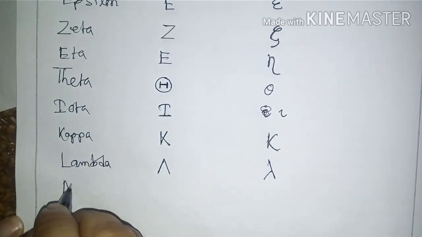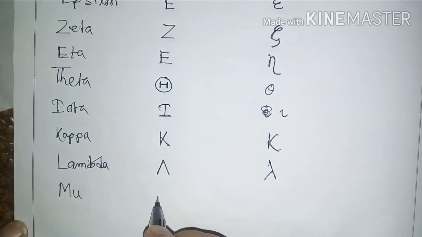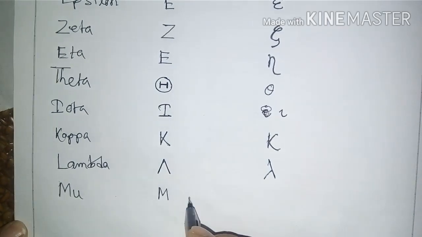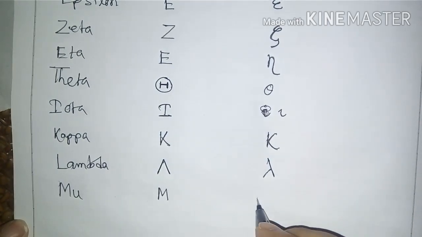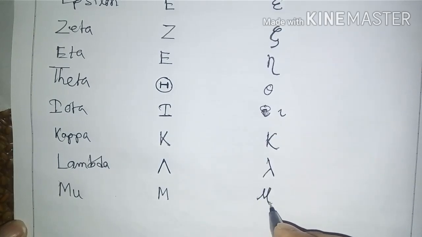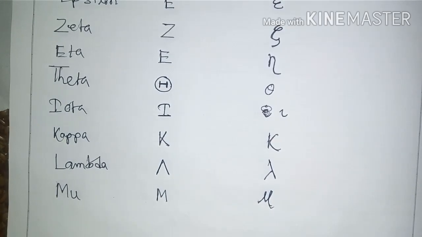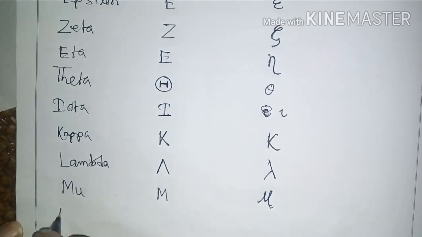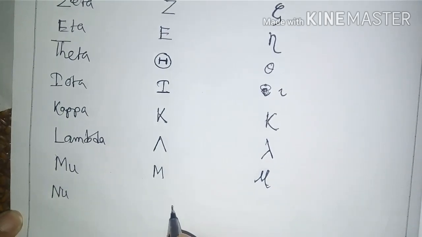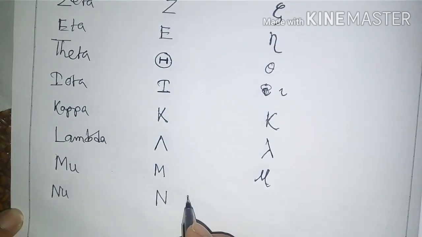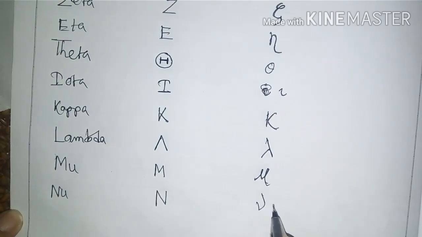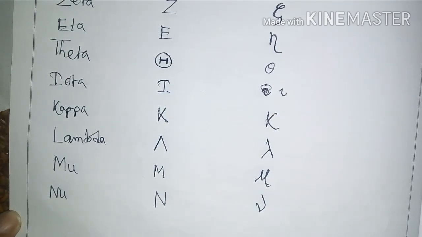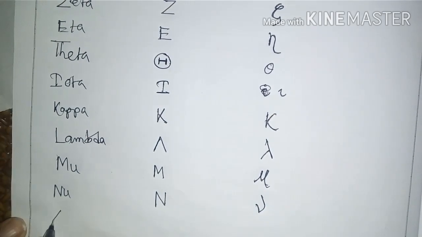Next, mu. Then capital M, and this is the small one, mu. Next, nu: capital N, and small nu like this. Then xi.